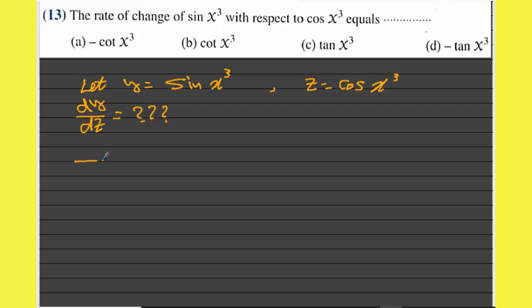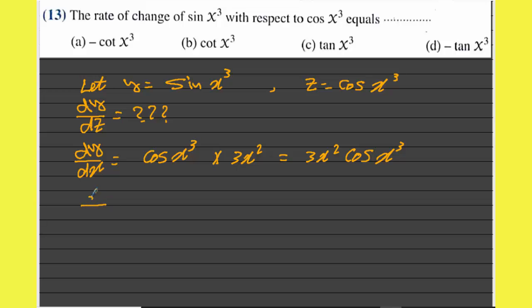First we find dy/dx, which equals the derivative of sine, which is cosine x power 3, multiply the derivative of x power 3, which is 3x square. So dy/dx equals 3x square cosine x power 3, and z equals cosine x power 3.